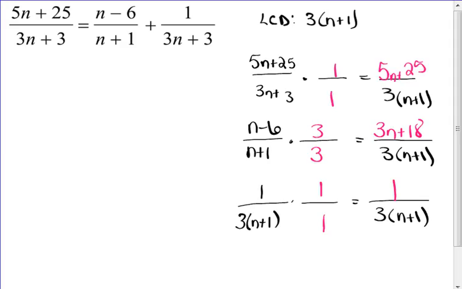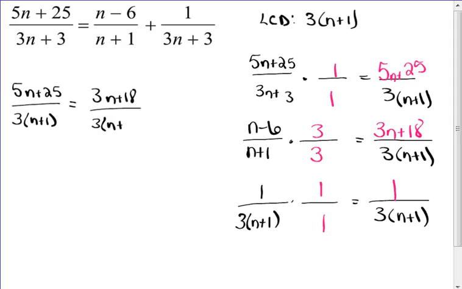Using the lovely technology, now we'll put in my new fractions, 5n plus 25 over 3n plus 1 equals 3n plus 18 over 3n plus 1 plus 1 over 3n plus 1.